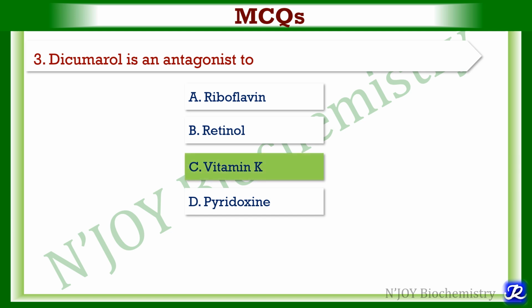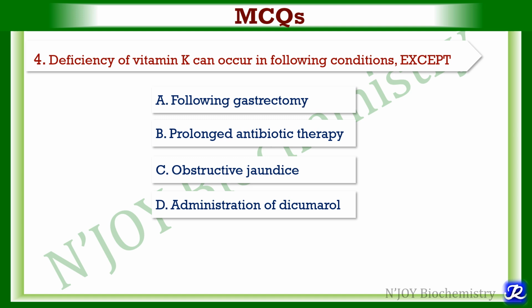It inhibits the formation of the reduced form of vitamin K from the oxidized form, that is the epoxide form. Next, deficiency of vitamin K can occur in the following conditions except: following gastrectomy or after prolonged antibiotic therapy? Yes, it occurs after prolonged antibiotic therapy due to loss of microbial flora.